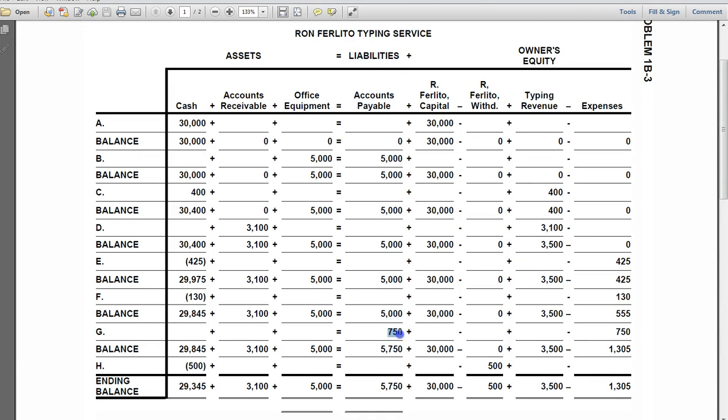So what you're doing basically is you're taking away from owner's equity, and you're showing that you owe that amount to the landlord. So we're going to be debiting the expense to add to the expenses. As you can see, that 750 adds up now to the 555 for a total of 1305.